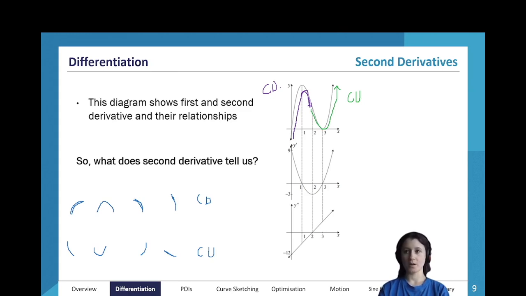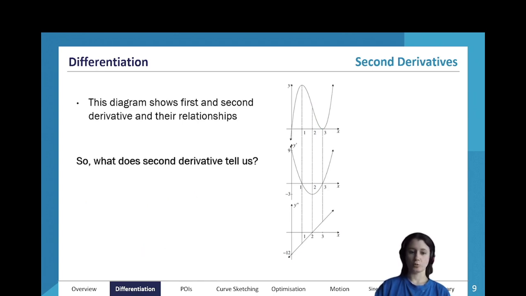But I want to give you a technical definition of what it is. Concave up and concave down have a lot to do with not the derivative or gradient itself, but the rate of change of the gradient. That's a mouthful, I know.